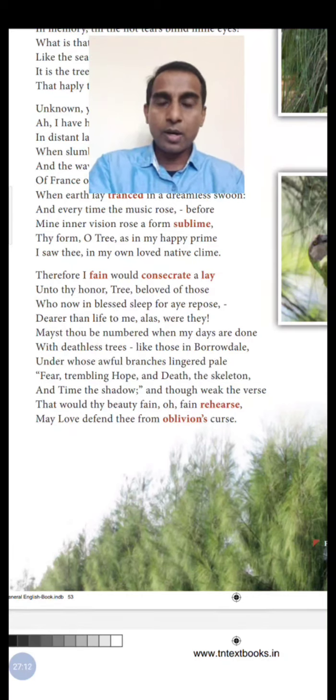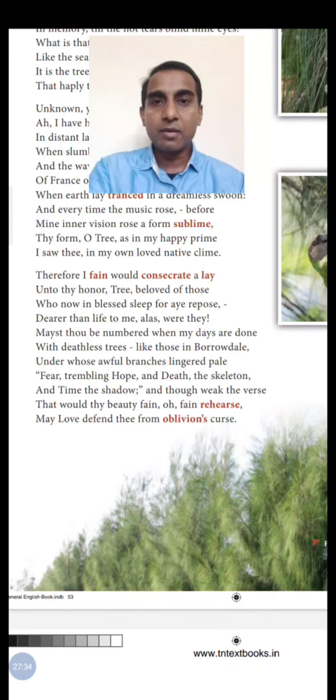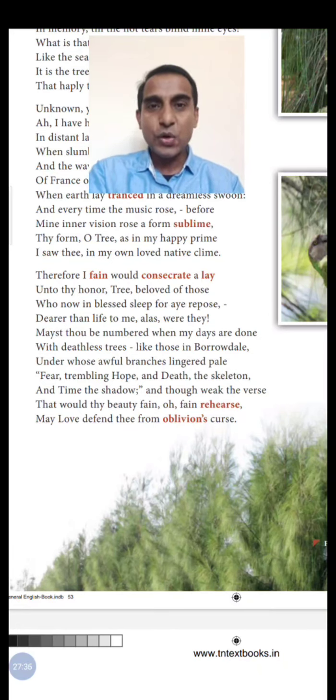Now what is Borrowdale? Borrowdale is a kind of immortalized tree. Immortalized tree means the tree which doesn't have death. This tree is mentioned in a poem by William Wordsworth. He mentions in that poem a tree called Borrowdale. He makes it an immortal tree, a tree which doesn't have death at all. She wants this Casuarina tree also to be like that Borrowdale, under whose awful branches lingered pale fear.